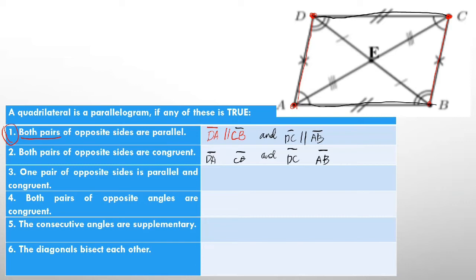So, yung DA natin, we have this symbol X. And yung CB natin has symbol X. Since they have the same symbol, then we can say that the line DA and line CB has a same size. Therefore, the line DA is congruent, or symbol of congruent to line CB. We have proved the first pair of opposite side.